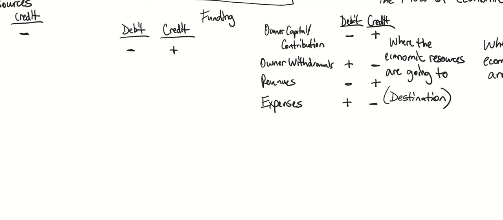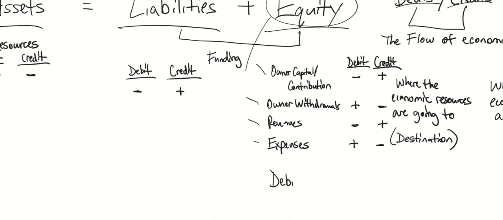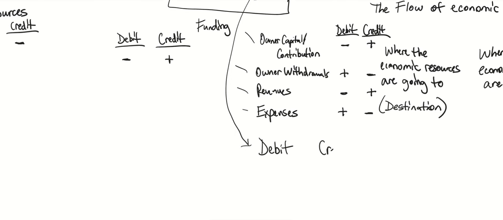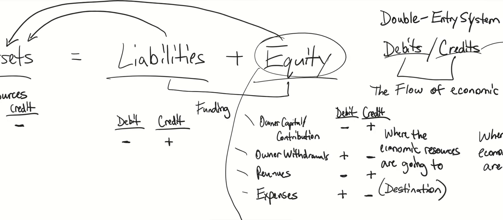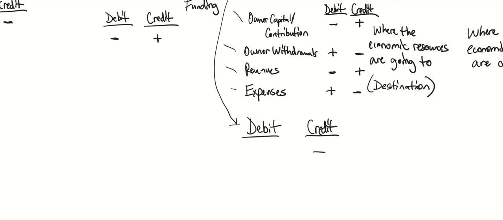So I'm going to bring it down here. All of these four components here, owner capital, owner withdrawals, revenue, and expenses, get lumped into equity here. Which means that equity, if I bring the arrow down, when it comes to the debit and credit column, a normal balance that you should see overall in the equity section within this accounting equation should be a credit balance, which means that you should see a higher amount in the credit column than the debit column.